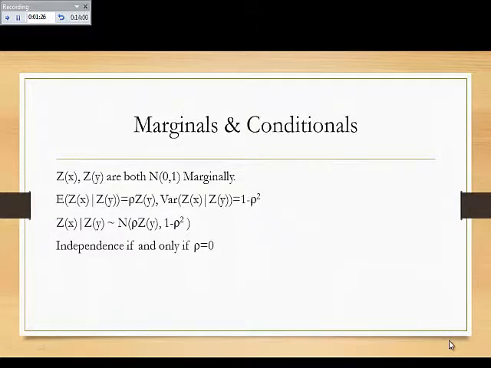So this is a very special property of the bivariate normal distribution. In general, this will not be true for general joint distributions. Both mean and variance will be affected by the conditioning. But in the normal distribution, the mean is affected by the conditioning, but the variance is not affected by the value of the conditioning. The variance is affected by the conditioning, it becomes smaller, but it doesn't depend on the actual value of the y which is observed.